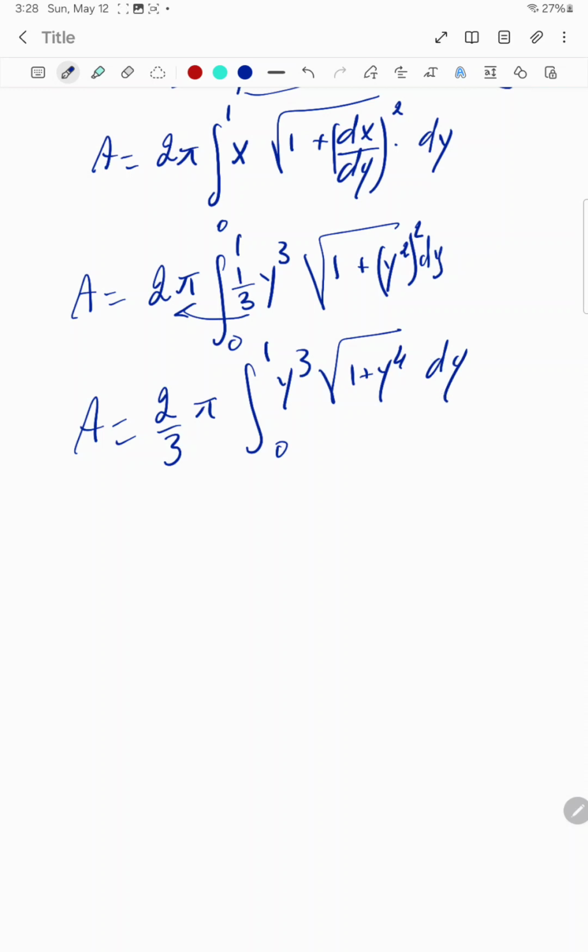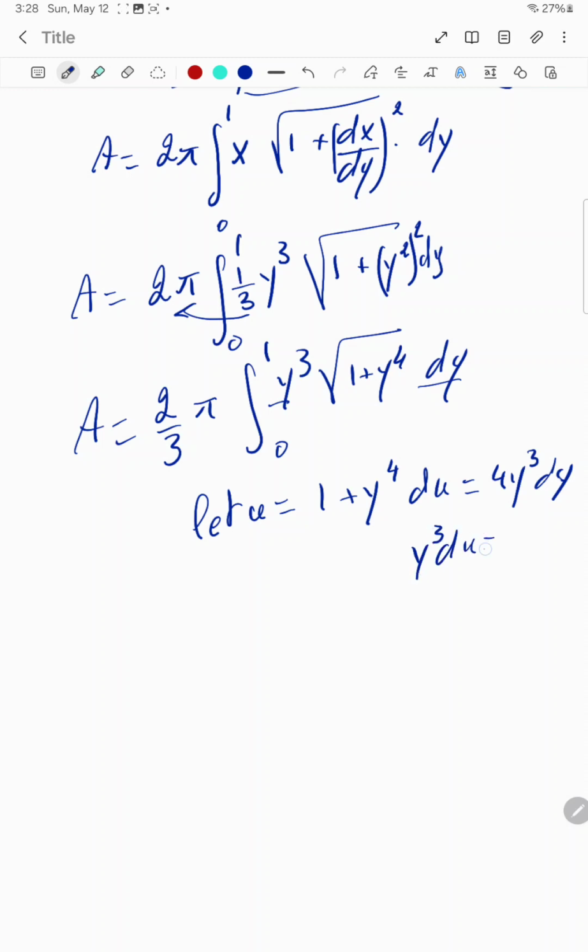And now I let u equal 1 plus y to the power of 4, and my du is equal to 4 y to the power of 3 dy. And here I realize I have y to the power of 3 dy, so y to the power of 3 dy equals 1 over 4 du.